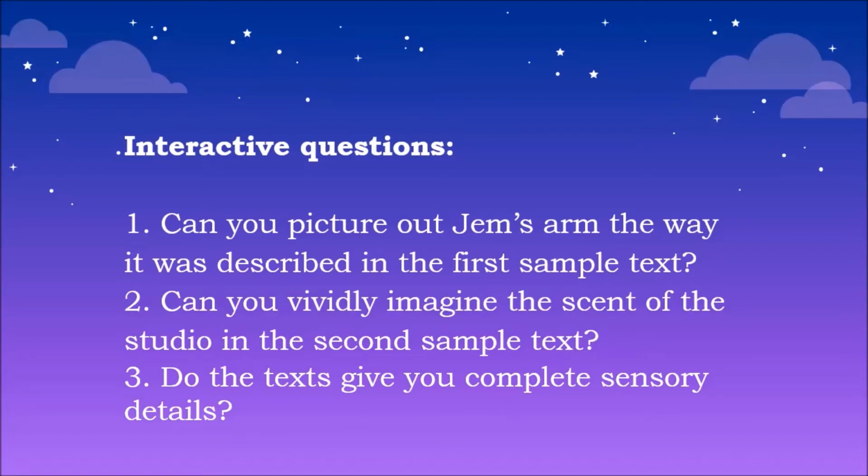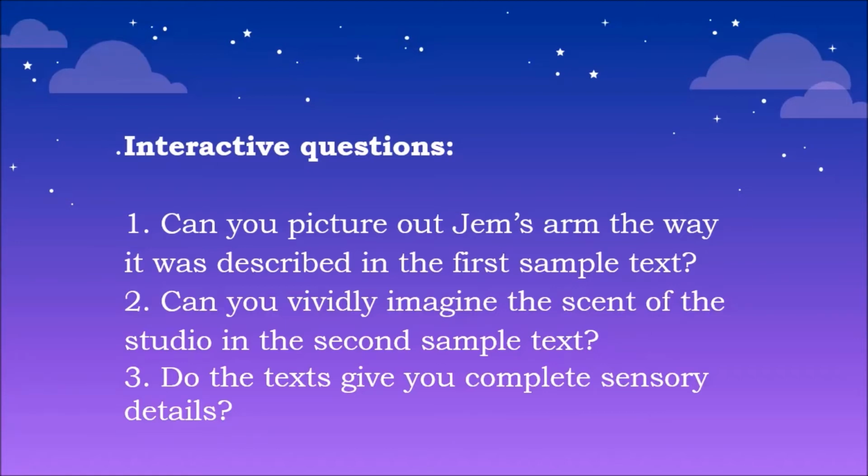So these are the questions that I have for you that we actually almost answered in our previous discussion. First question, can you picture Jem's arm the way it was described in the first sample text? And we answered that yes, we could.